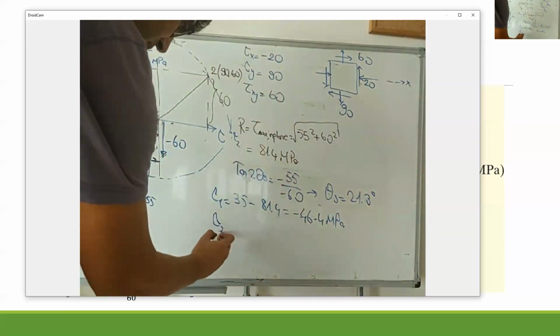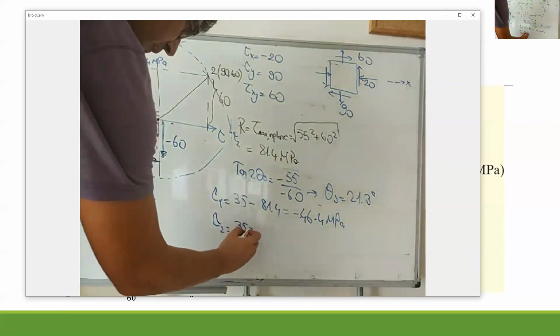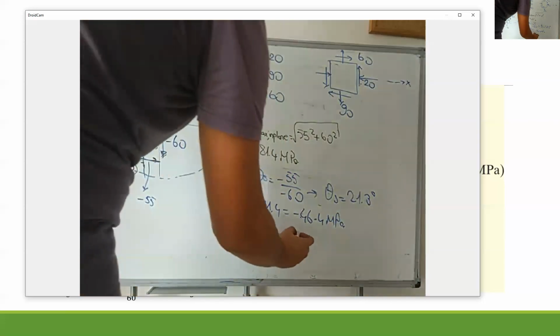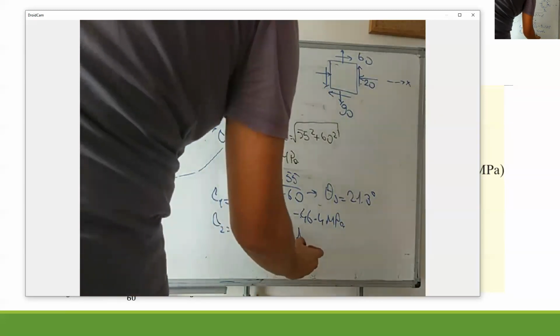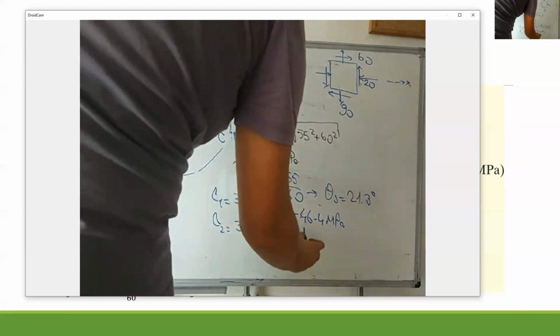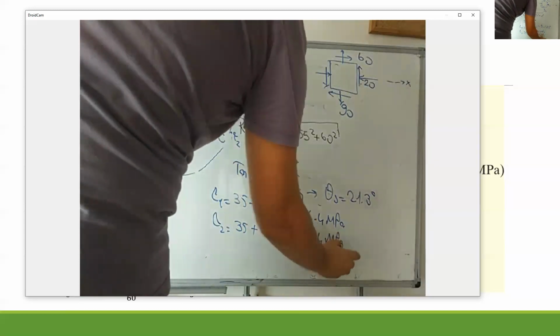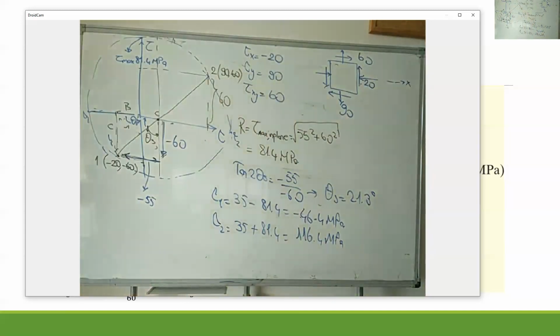So sigma 2 is equal to 35 plus 81.4 is equal to 116.4 megapascal. This is the sigma 1 and sigma 2 values.